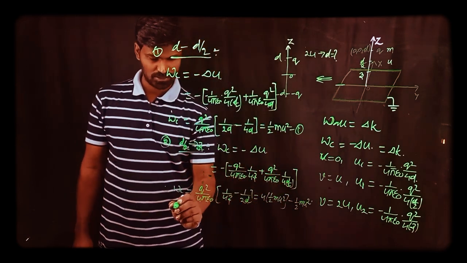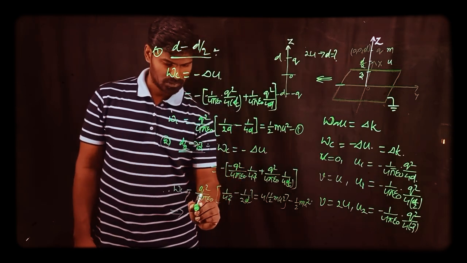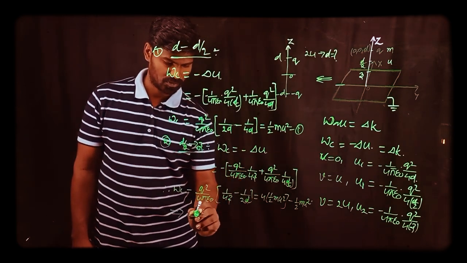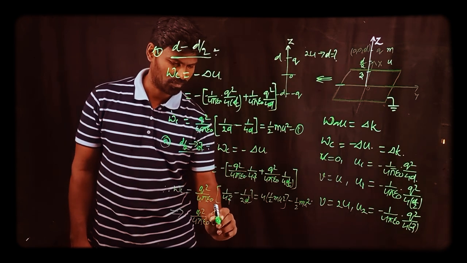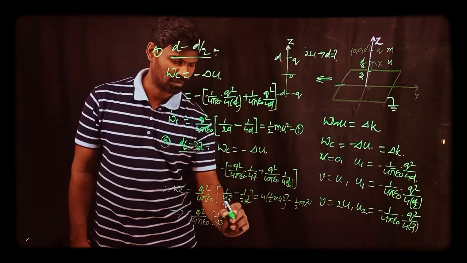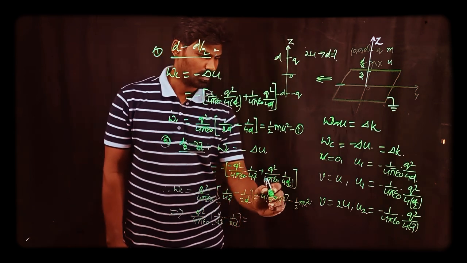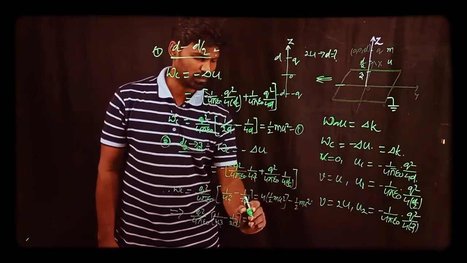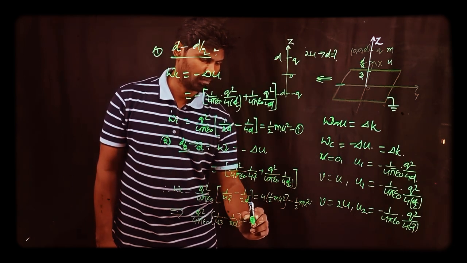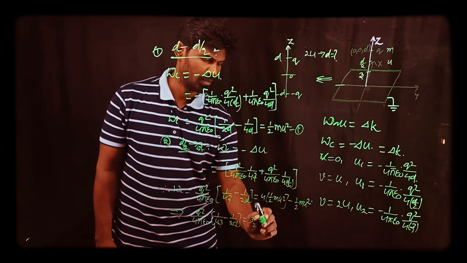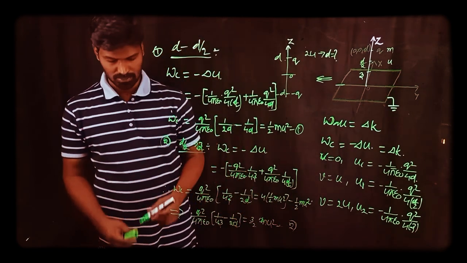So if you simplify this, what will you be getting? q square divided by 4 pi epsilon naught into 1 by 4z minus 1 divided by 2d is equal to half m u square into 4 minus 1, which is 3. So 3 by 2 times m into u square. This is equation number 2.